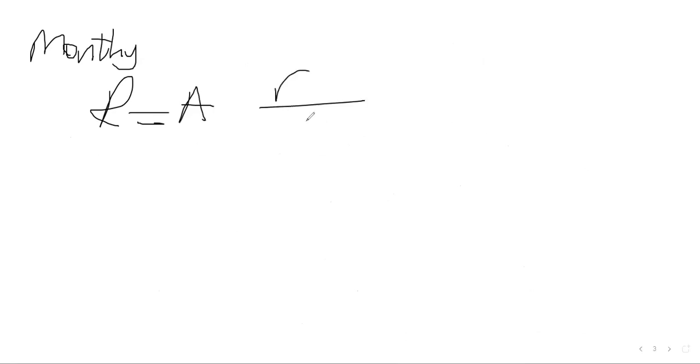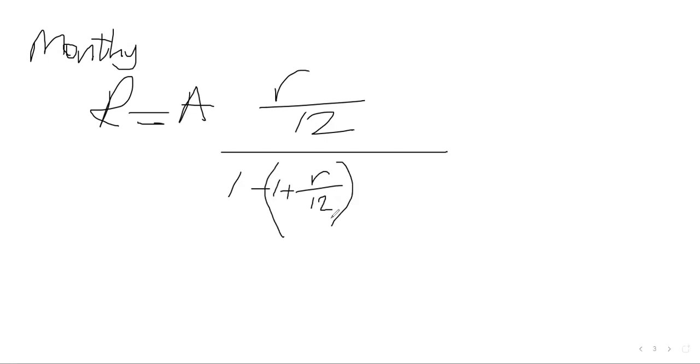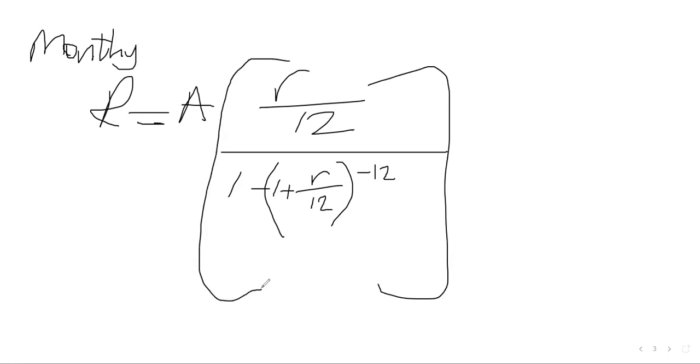Our payment for monthly will be the amount times R over 12, over 1 minus 1 plus R over 12, to the power negative 12. This is only the monthly compounding of a loan amortization. If they say quarterly, you divide that R by 4.